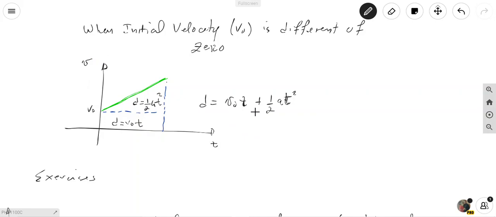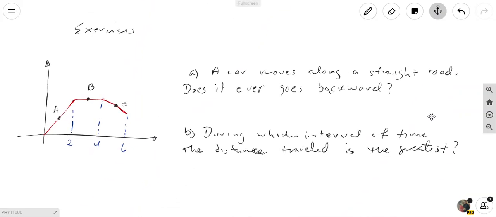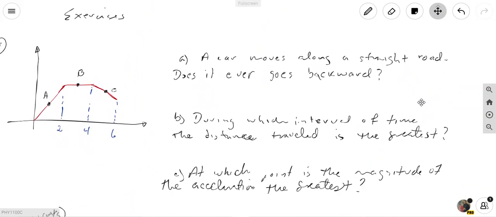Now, I want to show you some exercises that are going to help you to understand this problem better. So first, I give you a graph. This is a graph again of velocity versus time. So we have velocity here, we have time here, and then the first question is, if a car is moving along a straight road, does it ever go backward?